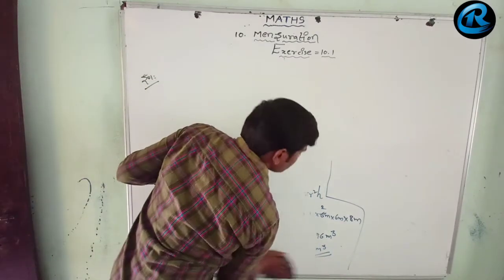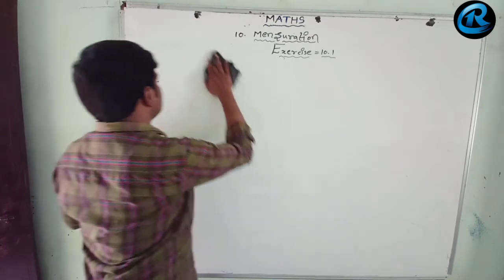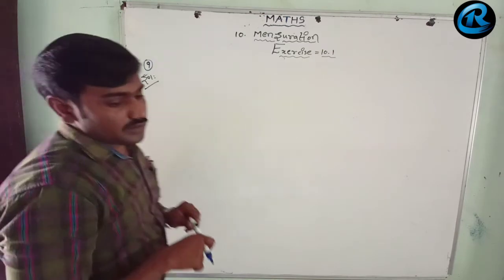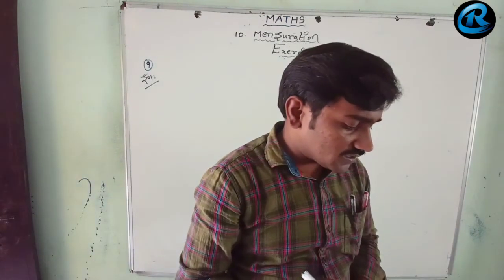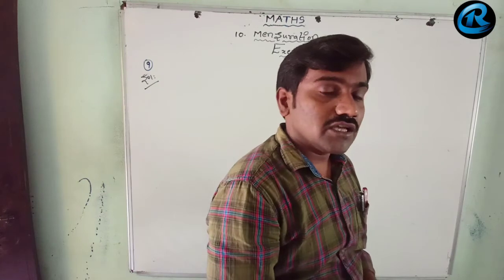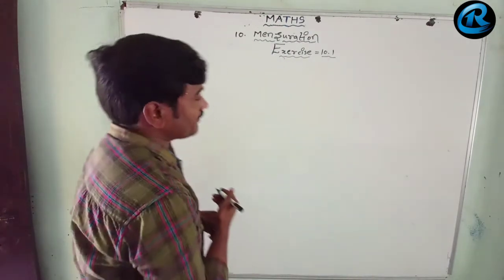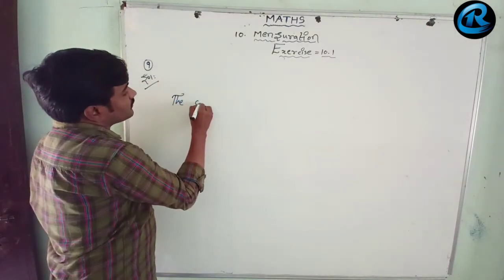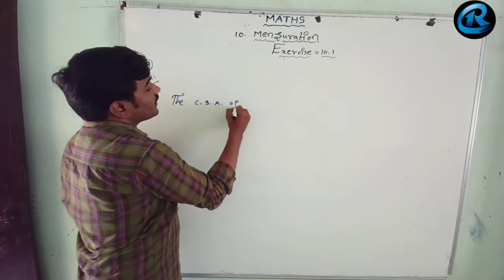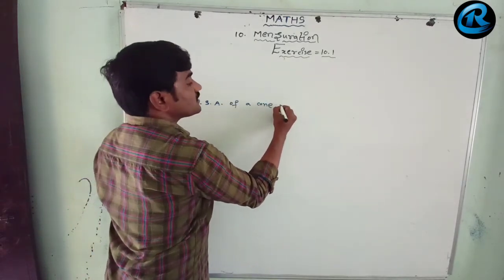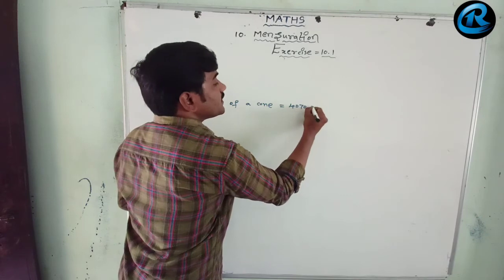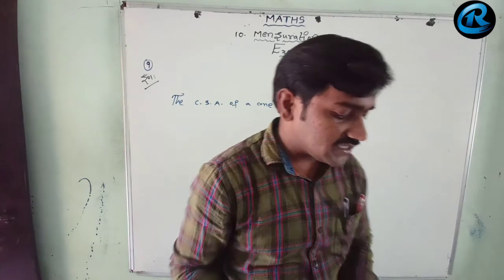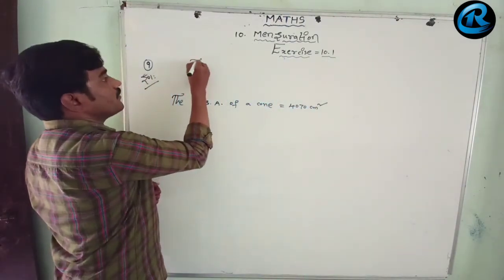Then we go for the last question of this exercise, question number 9. The curved surface area of a cone is 4070 centimeters square, and the diameter is 70 centimeters.